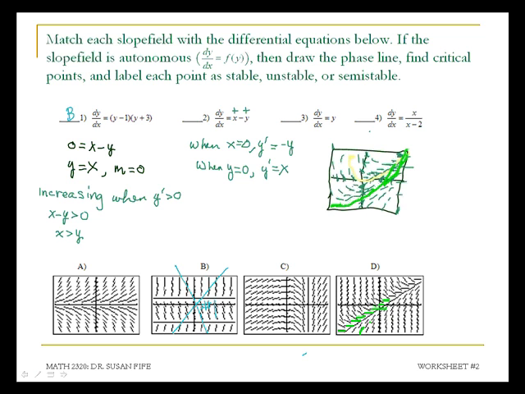So it's increasing here. And when x is less than y, the graph is going to be decreasing. And so it's decreasing here. Which is more or less what we have. So D.